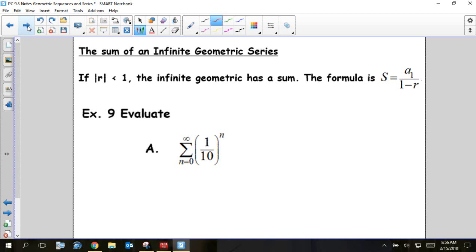So we look at this, and you look at the very bottom, and you see n equals 0. So my first term is plugging in 0, which is 1. Now my second term would be plugging in 1.